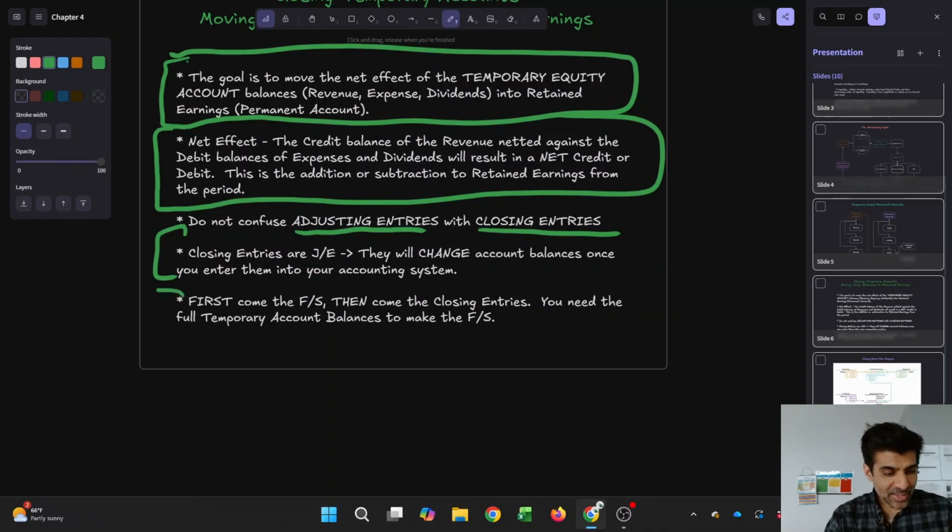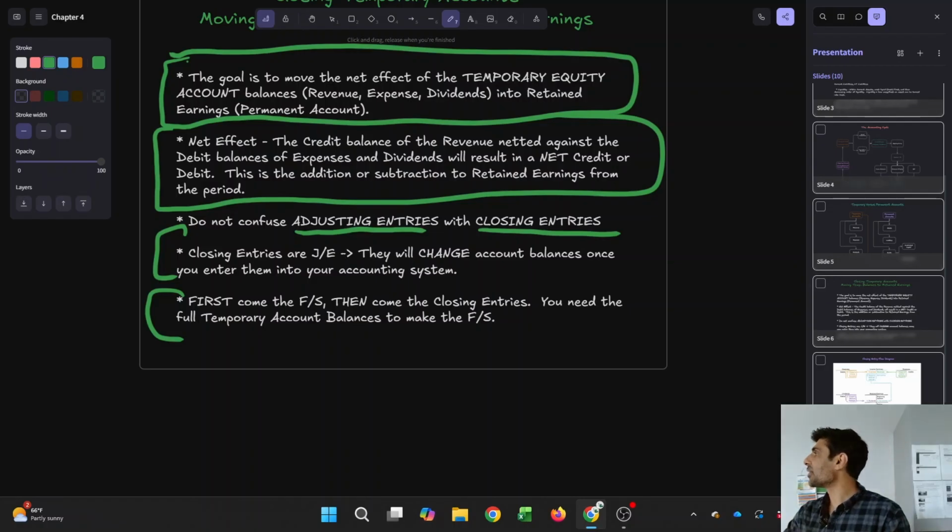Because of that, order matters. You first get the adjusted trial balance, you make your financial statements, and then you do these closing entries. If you did the closing entries first, you would have lost that information for your income statement, because you need your revenues, expenses, and dividends to make it.